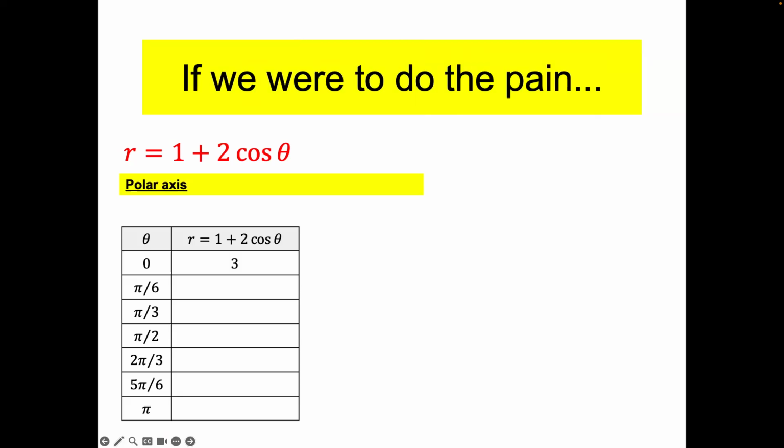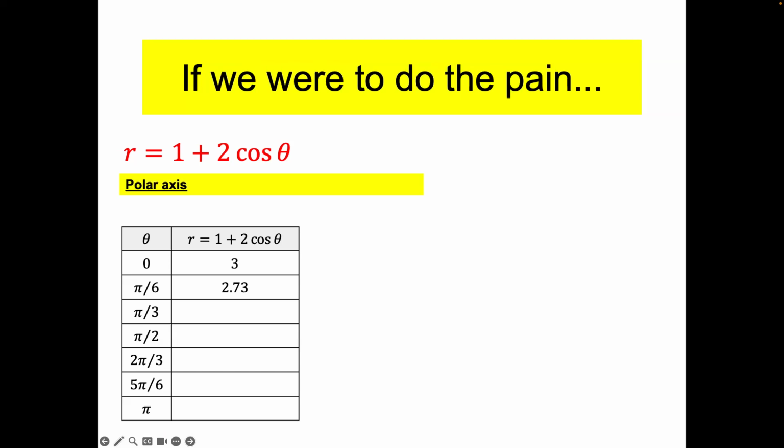You're talking to yourself, Winter. I know. I'm not having a day. 1 plus 2 times cosine of pi over 6. This is graph mode, not this mode. So I had to go back. 2.7. Okay.